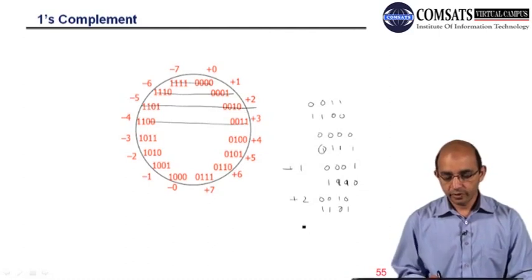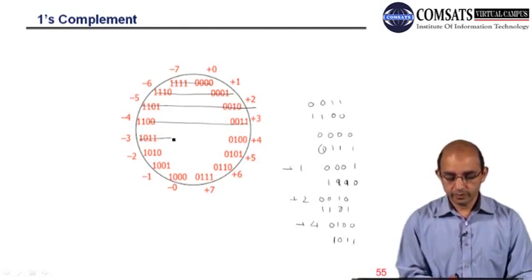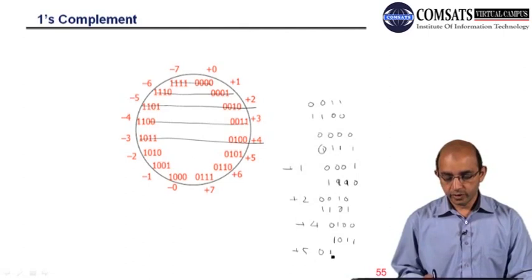right, for 4 I have 0 1 0 0, and the 1's complement is 1 0 1 1, right, and for 5 0 1 0 1, right, so 1 0 1 0, right.